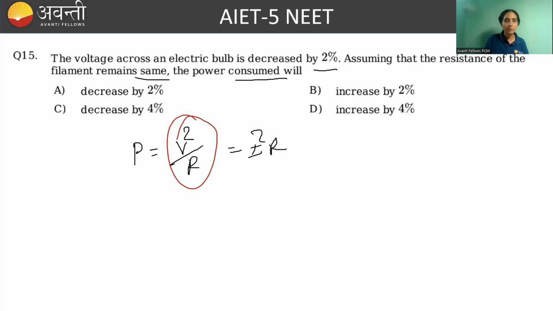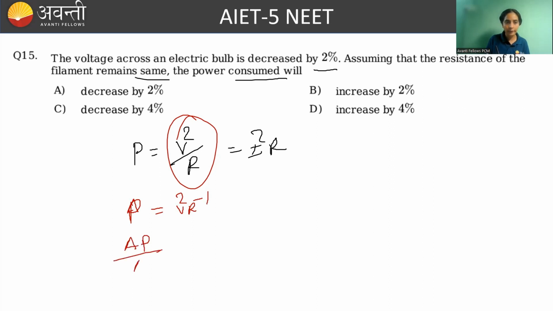Now, since it is 2%, we can solve it with the help of the error formula. If the percentage increase or decrease is in the range of 1%, 2%, 3%, near about this, we can use the error method. If you write the relative error for P, first you will write P as V square times R to the power minus 1.